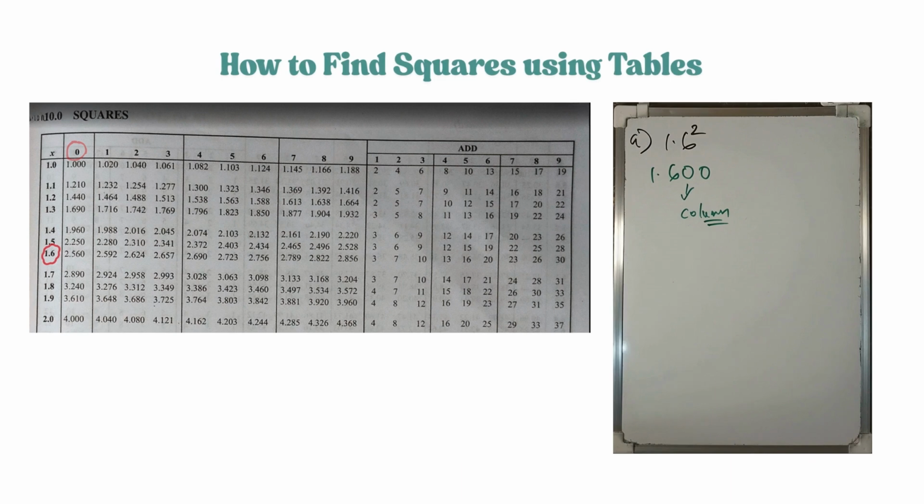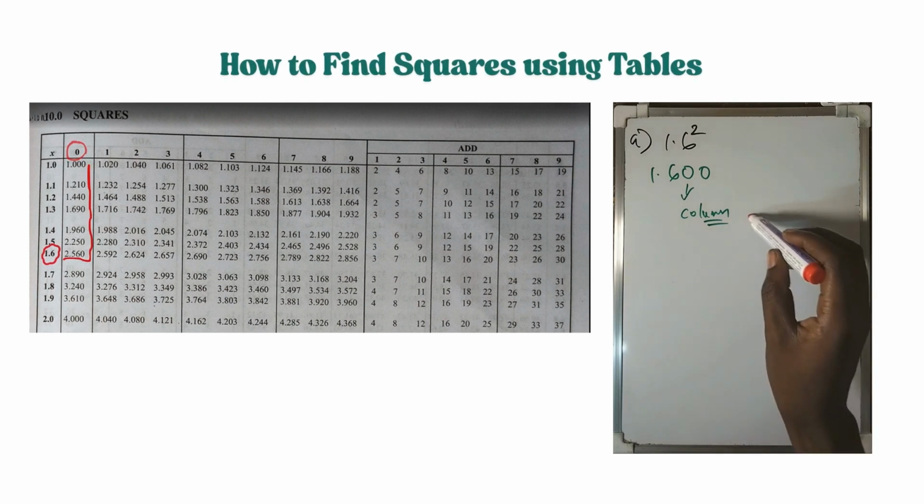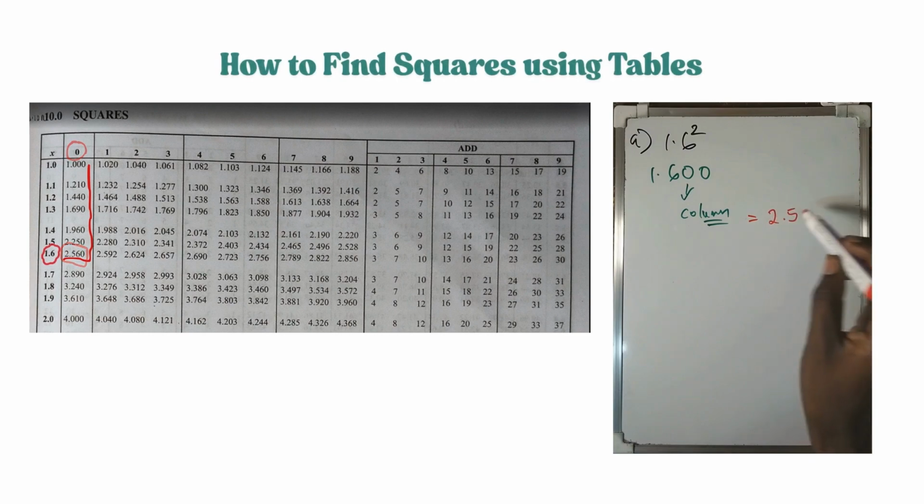Now the value at the intersection will be our answer. The value of the intersection from column 0 for 1.60 brings us 2.560.